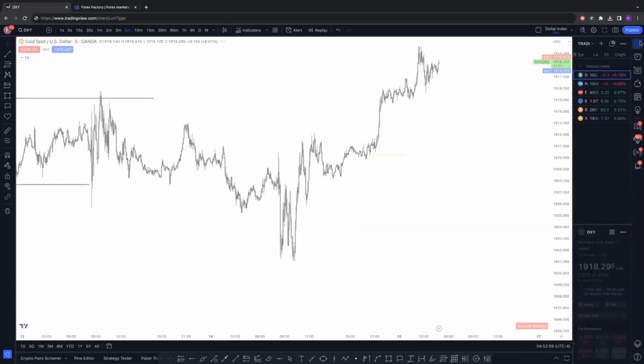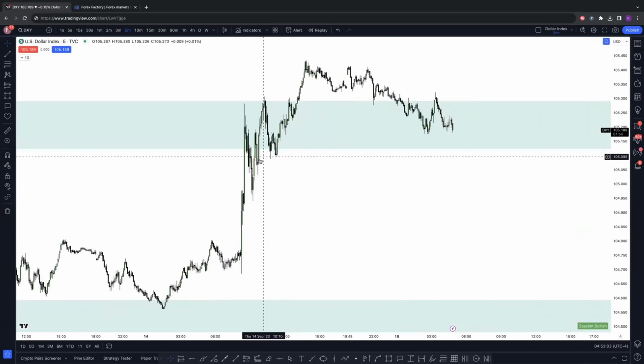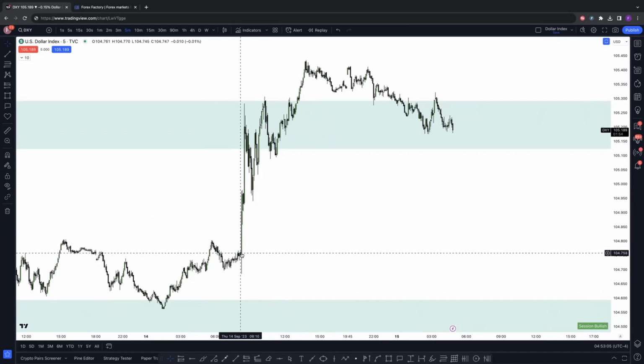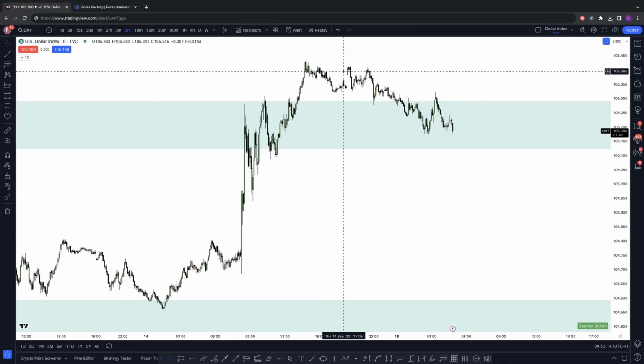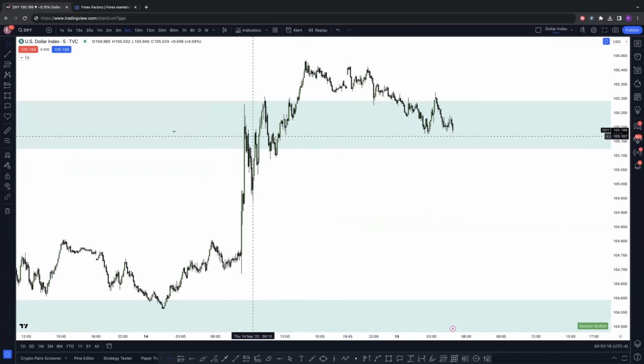If you go to the dollar index, that news driver at 8:30, from there onwards, it was a bullish dollar, and you can see it did go up nicely. It's just that at that point, gold and the dollar index became decoupled for a bit.